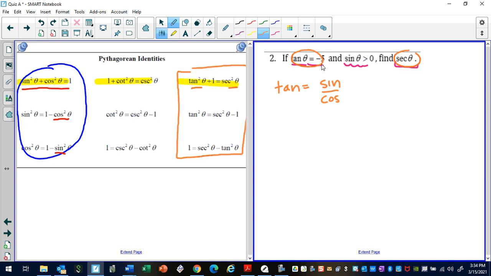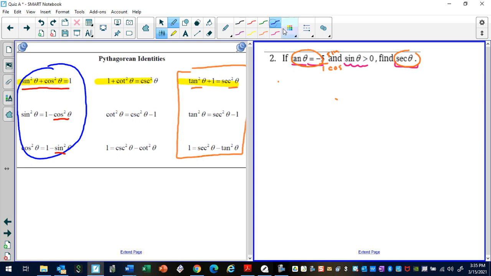So it's not just, oh, -5 is sine and cosine is the 1 on the bottom. Those fractions have been simplified to be -5. So it could have been like -10 over 2, or some fraction over some fraction that gives me -5 when I simplify. So don't use your quotient identities here. You want to use your Pythagorean identities again.